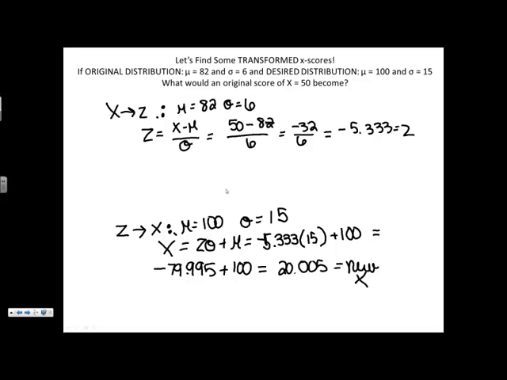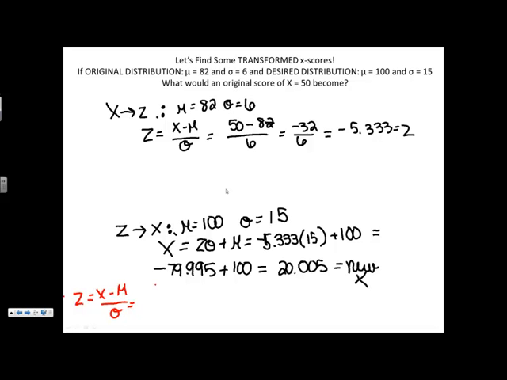So if we look at this, what is the z-score for this x value in this new distribution? This is just a way to check your work, so I'm going to put it in red. So z equals x minus mu over the standard deviation. I'm going to plug in my new mean and standard deviation and my new x just to make sure that it's still 5.33 standard deviations below the mean.